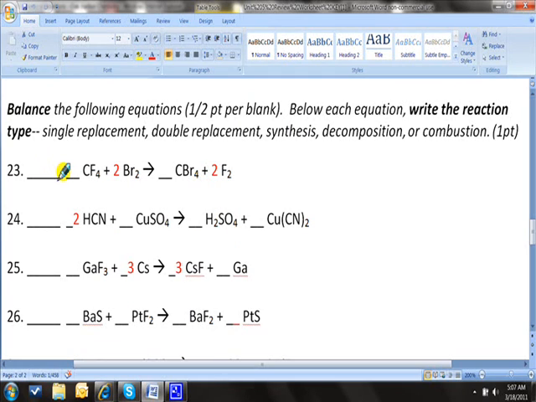Balancing chemical reactions. Remember, it's just a matter of looking to say, well, we have 1 carbon here, 1 carbon here. 4 fluorines, and 2 times 2 is 4 fluorines. Remember, fluorine and bromine are elements that are diatomic.